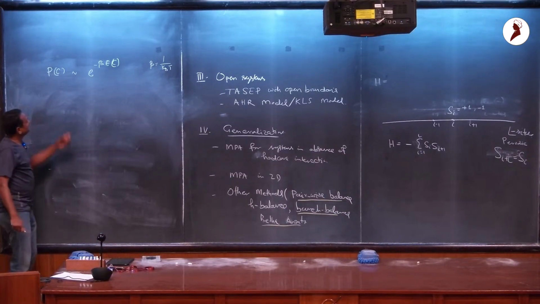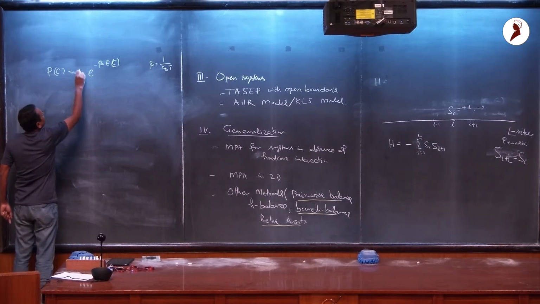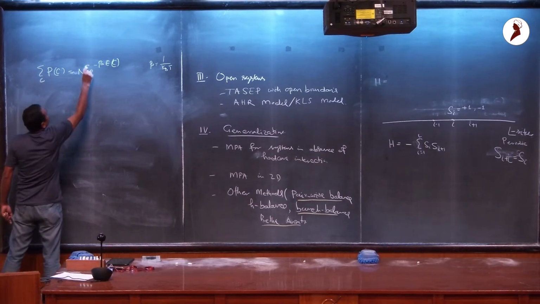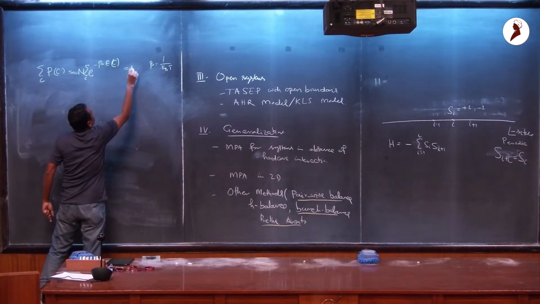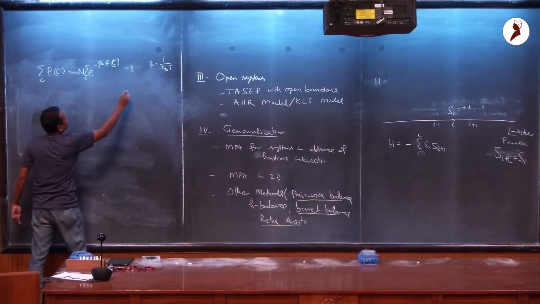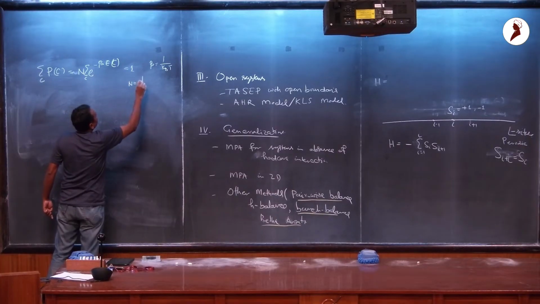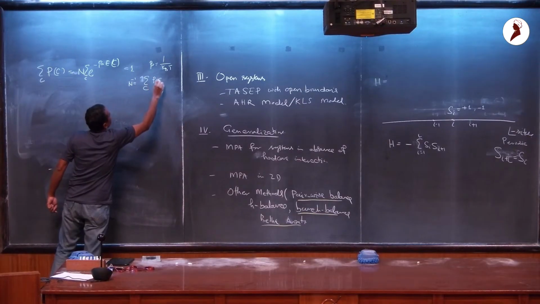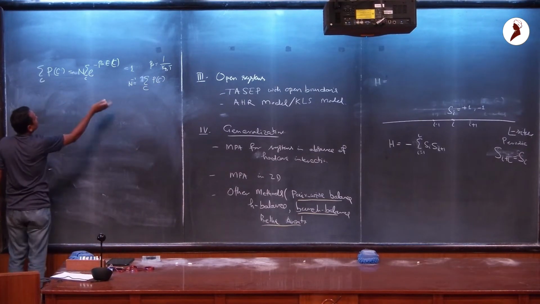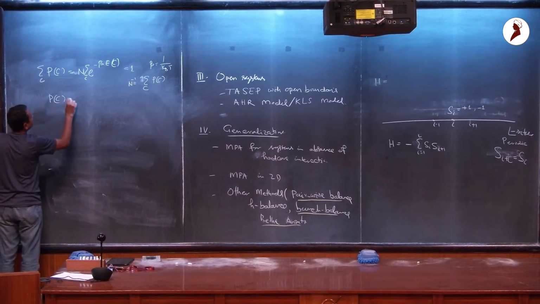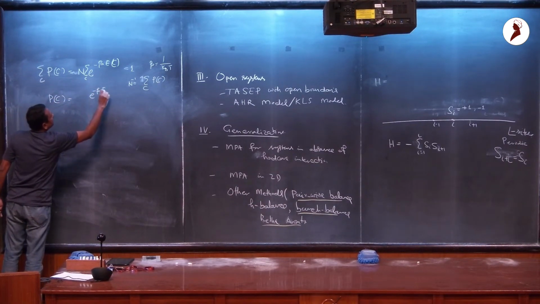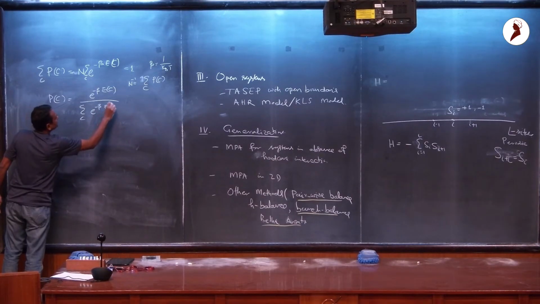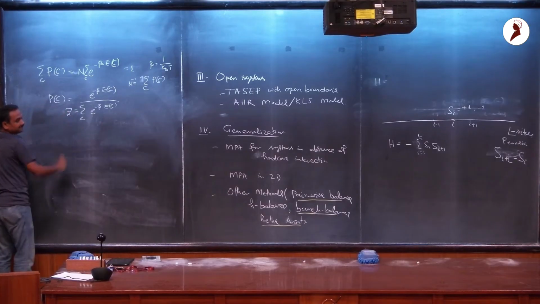If this is a probability, you want to normalize it, so you have to put in a normalization constant N, determined by the summation over C of P of C equal to 1. So N inverse equals the summation over configurations of e to the power minus beta E of C. Then the probability of a configuration equals e to the power minus beta E of C divided by the summation over C of e to the power minus beta E of C, and this denominator you call the partition function.